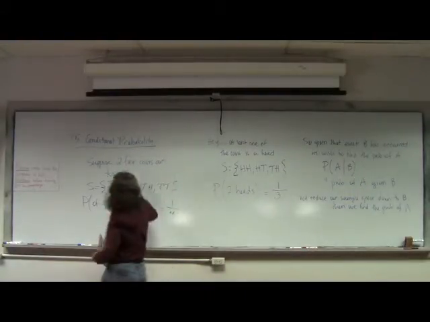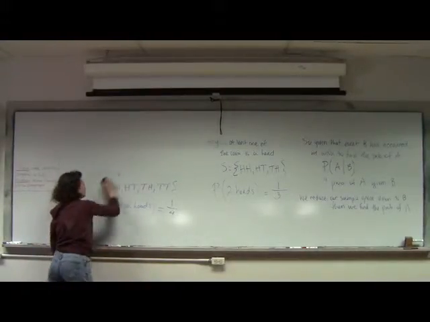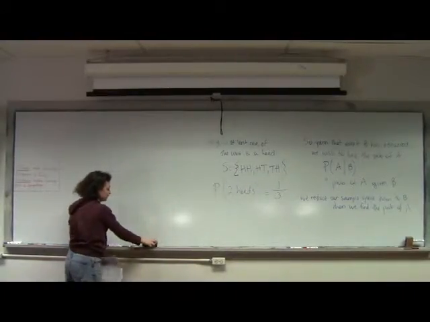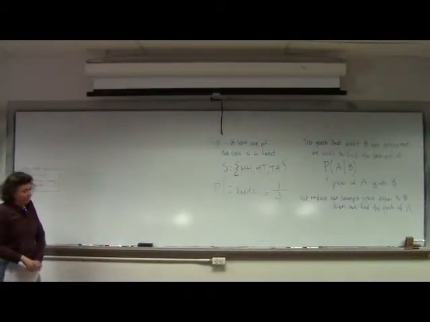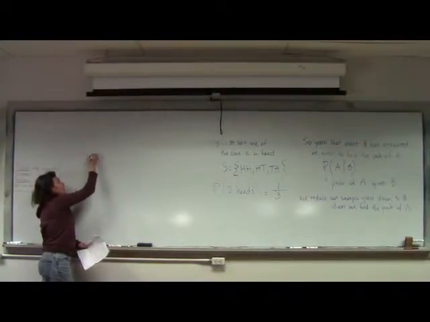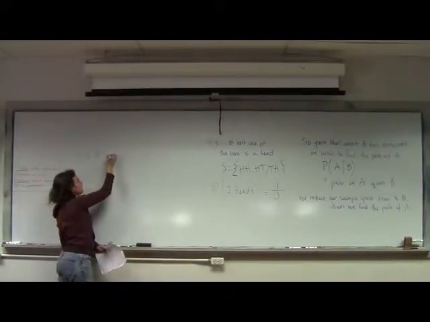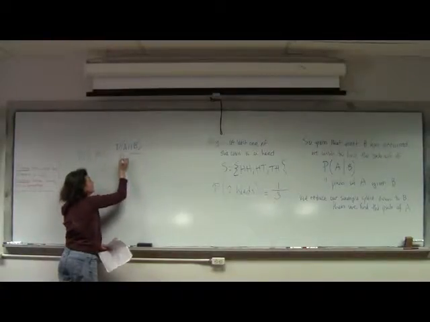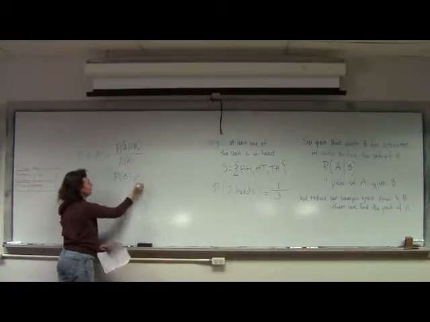Now your book gives a formula that in general I really almost never use because I like using my intuition as opposed to a formula. I am going to use it to motivate something later, but the formula that's given, and again I never expect you to memorize any formula, is the following. The probability of A, given that B has occurred, is the probability of A intersect B divided by the probability of B, again, assuming that the probability of B is not 0.